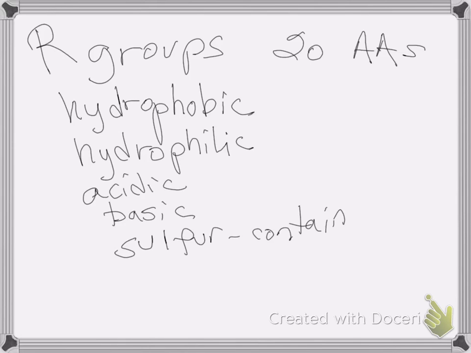And then there are some that just don't really fit into any of those categories. The secret to making a protein that does what you want it to do is to use the correct 20 amino acids in the correct sequence. Okay? So let's take a look at what that would look like.